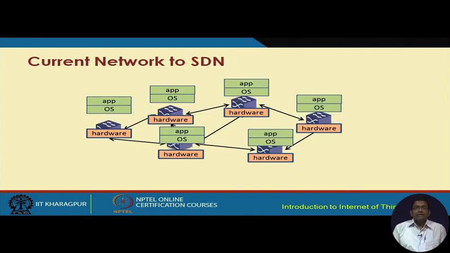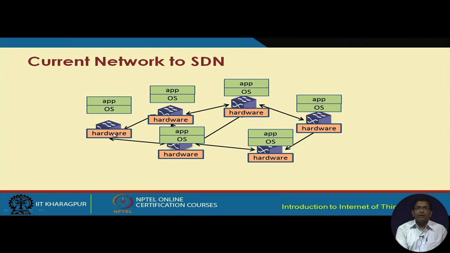Now, what is required is to make these networks efficient by trying to overcome the limitations that we have just gone through. So, the whole idea in SDN is to take care of the limitations by separating the application and the operating system from the hardware.